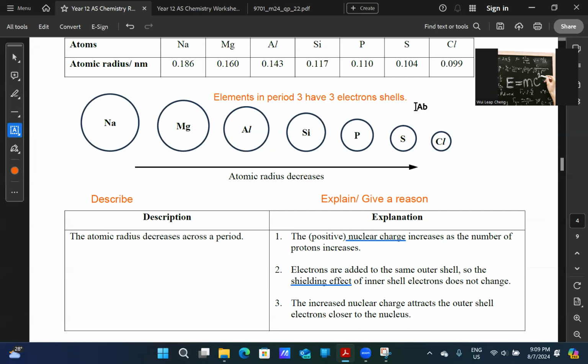Out of these 3 electron shells, 2 are inner shells, and the outermost shell is the outer electron shell.